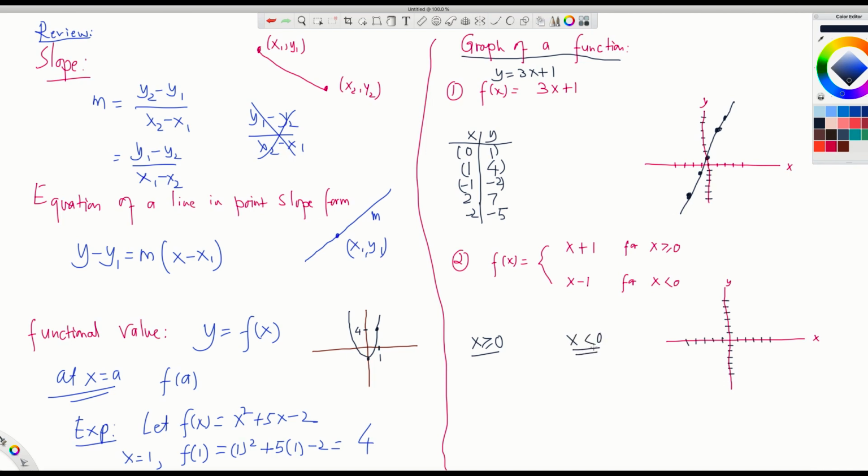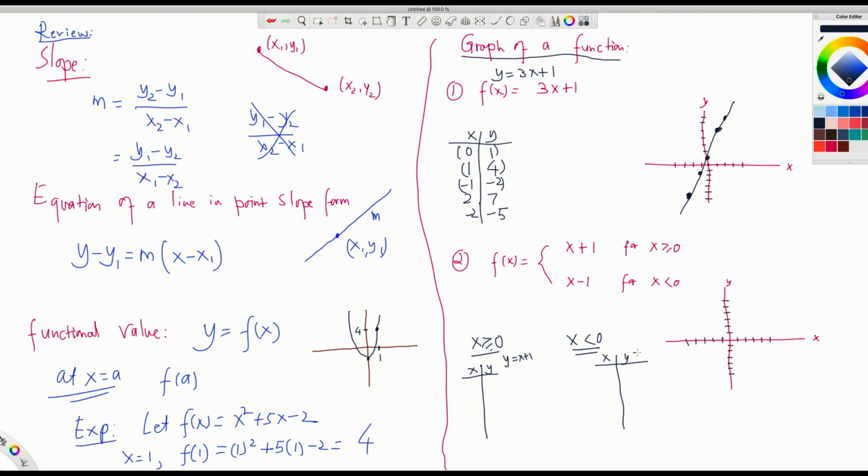You see that? For x greater than 0, I will be picking x values from that region only, meaning from the right side of 0 only. And for x less than 0, I will be picking the values to the left of 0 only. And then plot the points that way. For x greater than 0, the function is x plus 1, so y equals x plus 1.